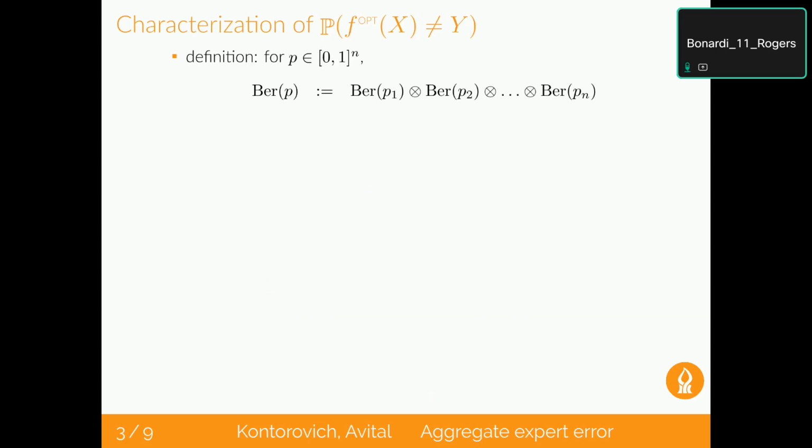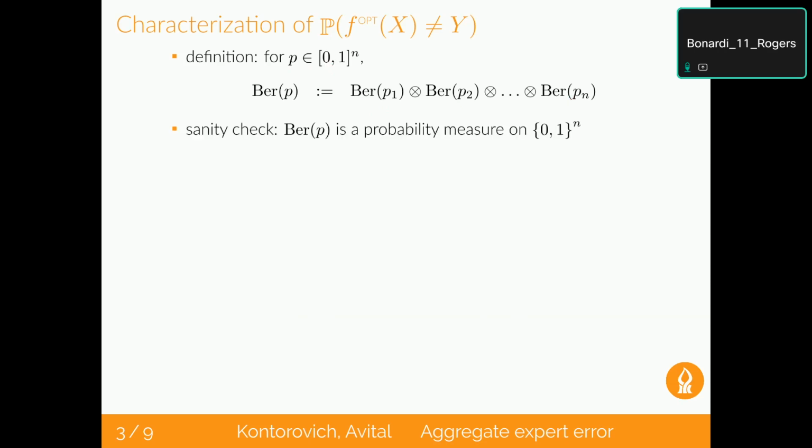And for that, I'll give a very simple natural definition. For a vector of parameters, P a vector in [0,1]^n, a vector of n Bernoulli parameters, we turn it into a product distribution. We take the Bernoulli measure with parameter p_1, p_2, through p_n, and take their product.